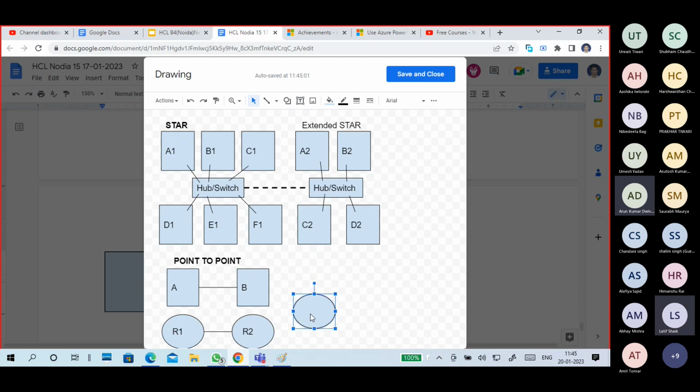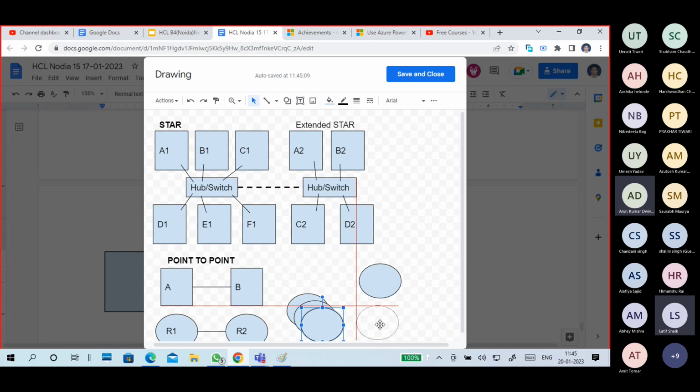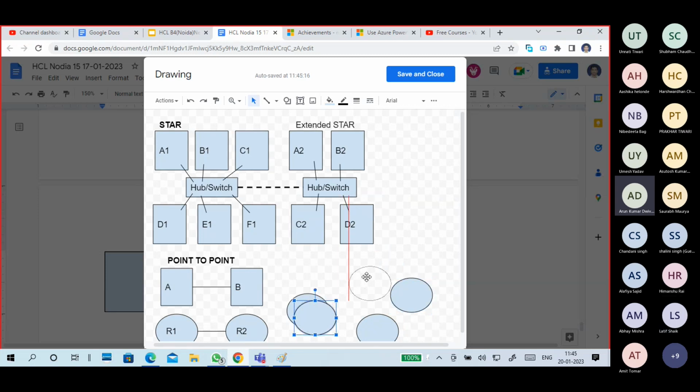Next one is point to multipoint. If you see this switch topology, this star topology is also a point to multipoint topology. It means one device is connecting to multiple devices. For example, it is connected to this, this is connected to this. This is the point to multipoint topology.